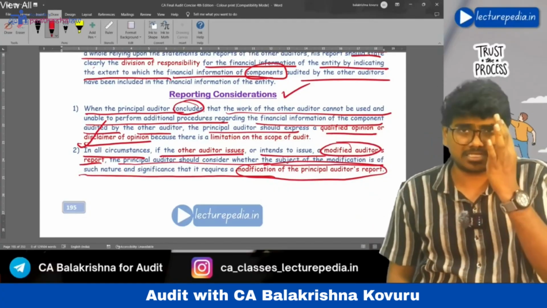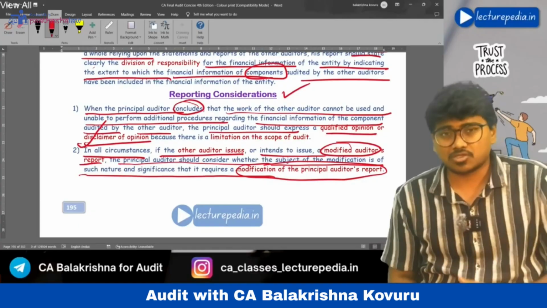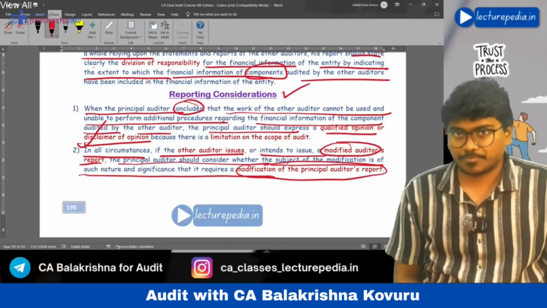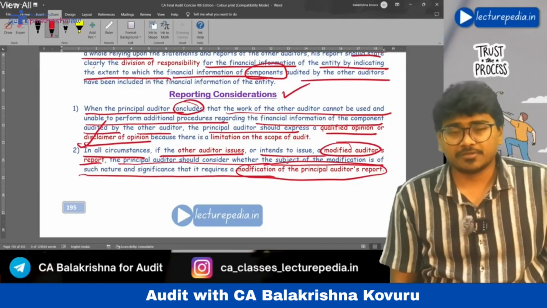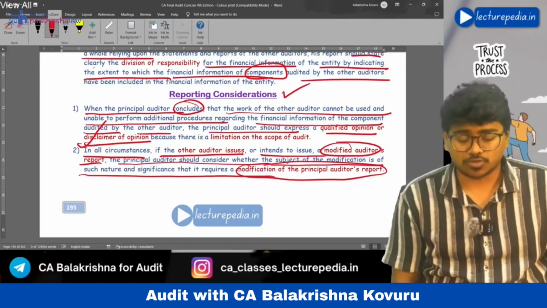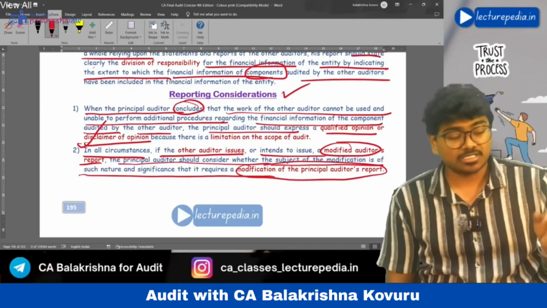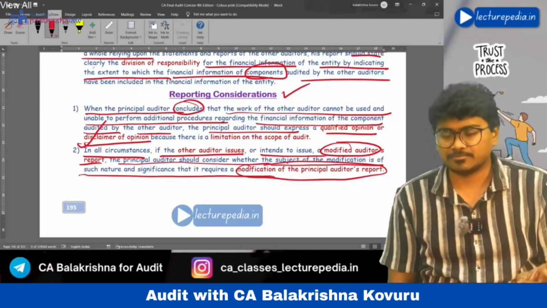He needs to consider it before giving an opinion on the consolidated financial statements. So by this we have completed revision of SA 600 also. We have completed revision of group audit and SA 600.